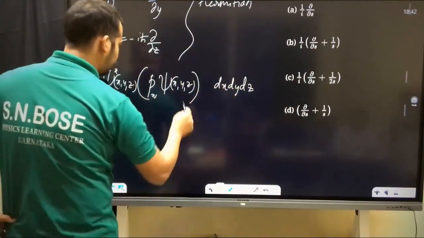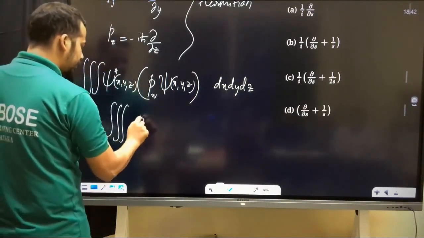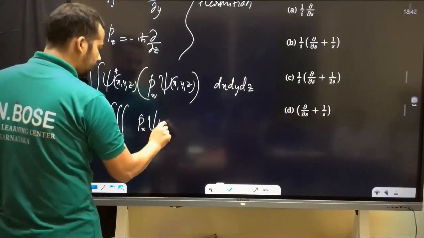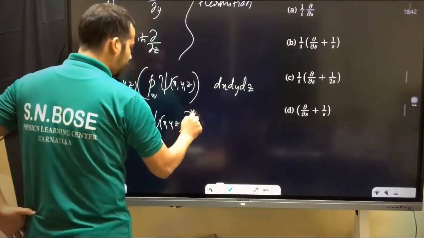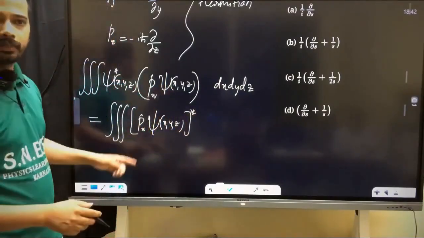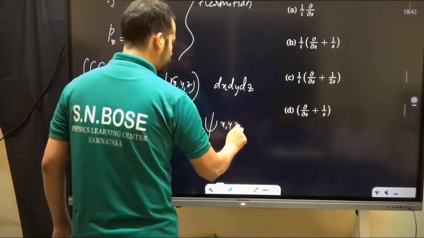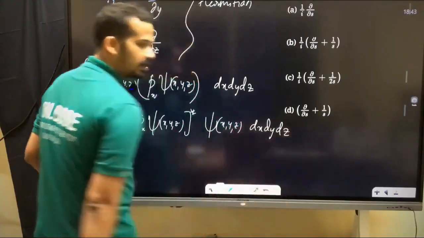So that's why this is equal to, I can write like this, px cap dagger, that is itself, acting on psi of x, y, z, whole star, am I right? Operating the operator on the second member is equal to operating its Hermitian conjugate on the first member, psi of x, y, z, dx dy dz. Is that okay?